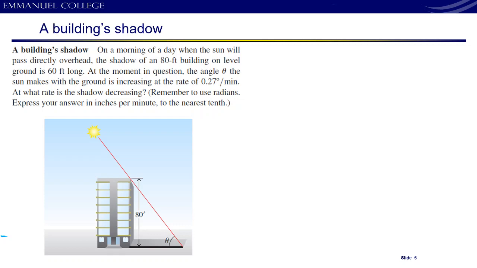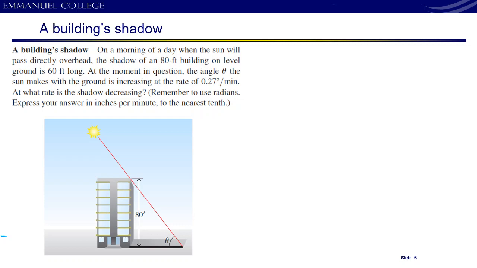At the moment in question, the angle theta the sun makes with the ground is increasing at a rate of 0.27 degrees per minute. At what rate is the shadow decreasing? Now, this is kind of one of those little facetious things to do. Remember to use radians and express your answer in inches per minute.